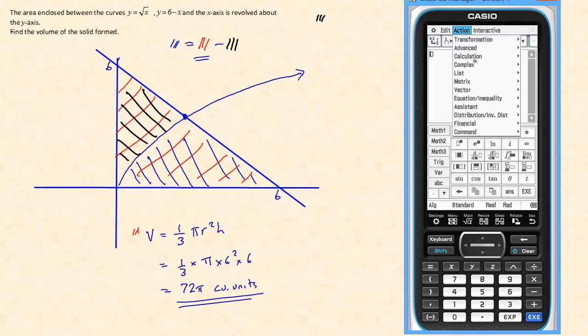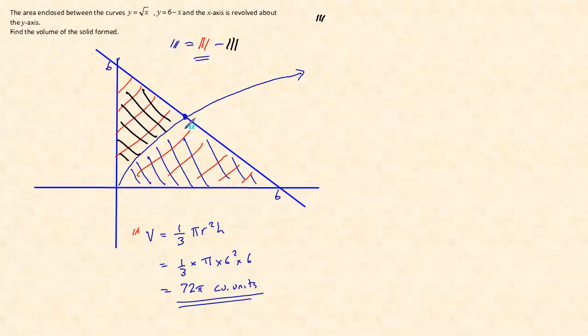And so we're going to want to solve this one, root x, and we want where that is equal to 6 minus x. And that happens when x is 4. So we could have done that manually, of course. So that happens when x is 4.